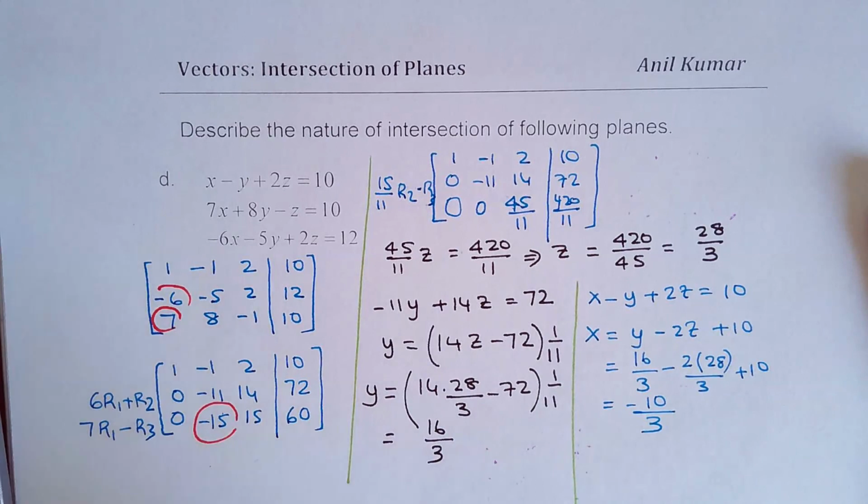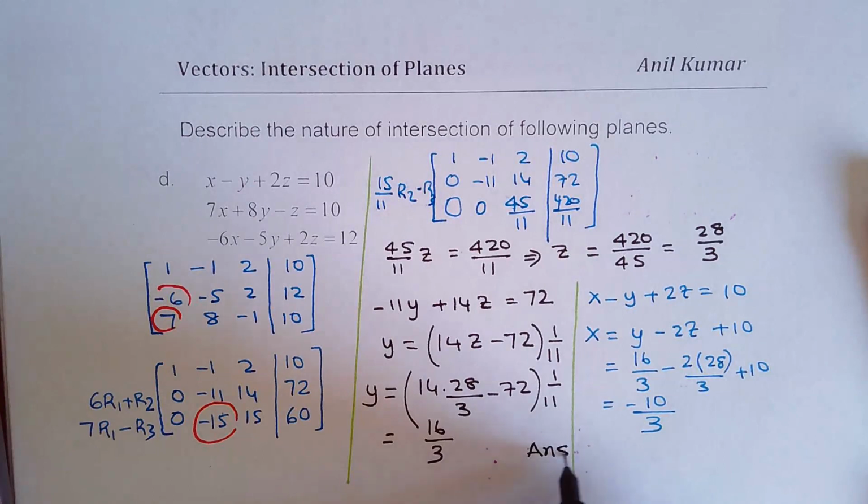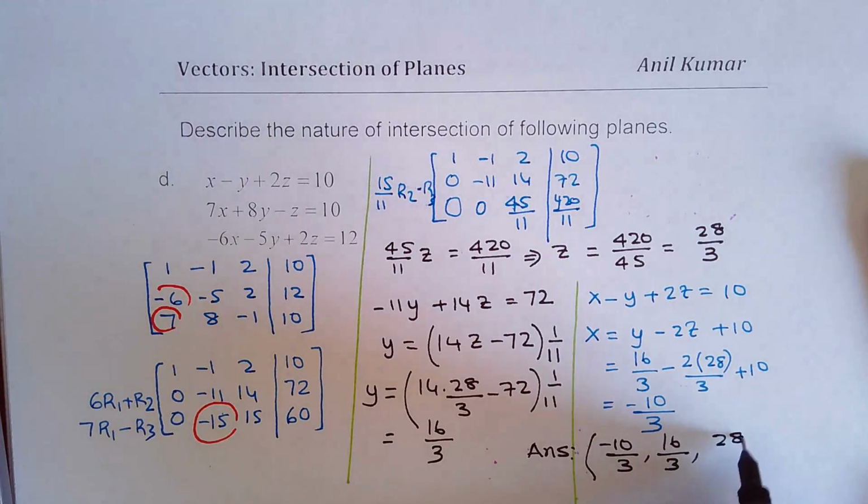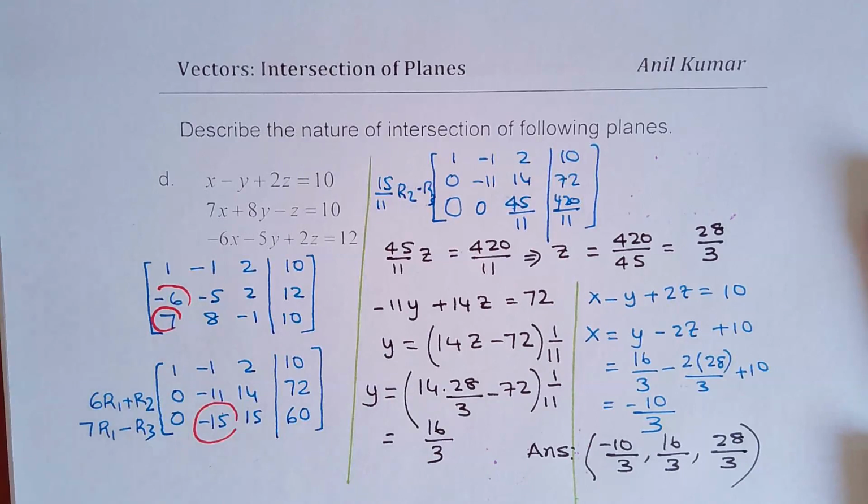So let's write down the answer now. Our answer is that these three planes intersect at a point whose x coordinate is minus 10 over 3, y coordinate is 16 over 3, and z coordinate is 28 over 3. Perfect. So that is how they are going to intersect.